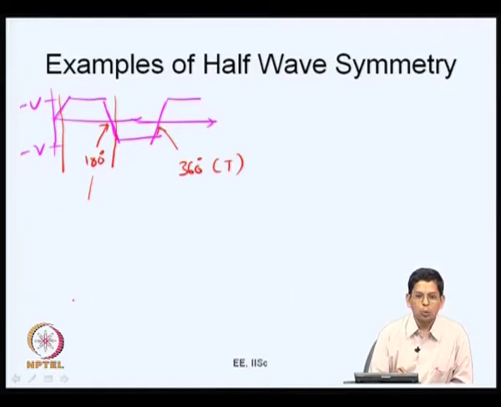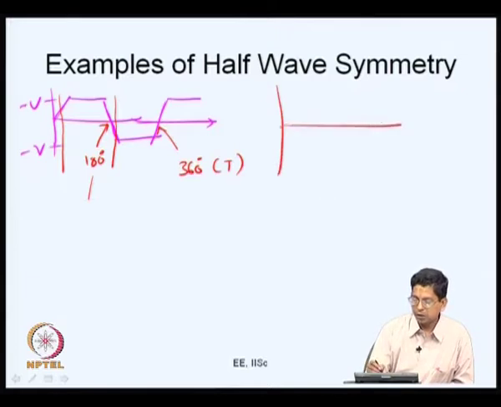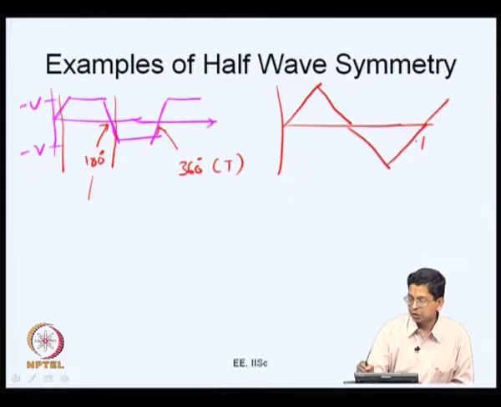Like this you can go about forming several such examples. Now, let us consider a triangular wave. This is a complete triangular wave, this is time T, and this is time T by 2.